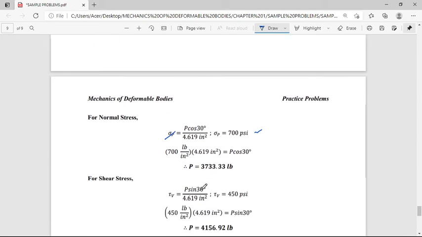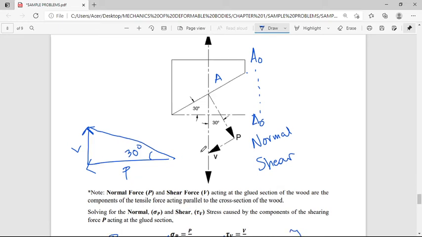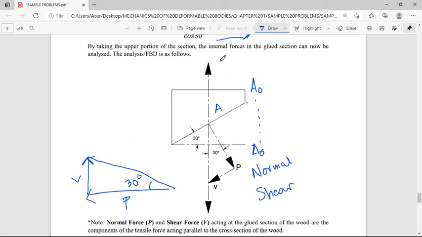We used P since the normal and shearing force acting at the glued portion of the wood are components of our tensile force P, as shown in the figure earlier above.